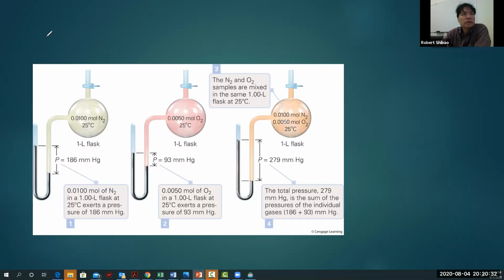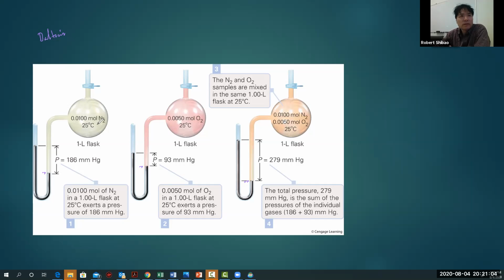But the volume here is not exactly fixed, because look at where the mercury level is here versus here versus here. With the changes in mercury level, that's going to change the volume of the gas. And so this is not entirely correct. This is going to be an error because the volume is changing a little bit.